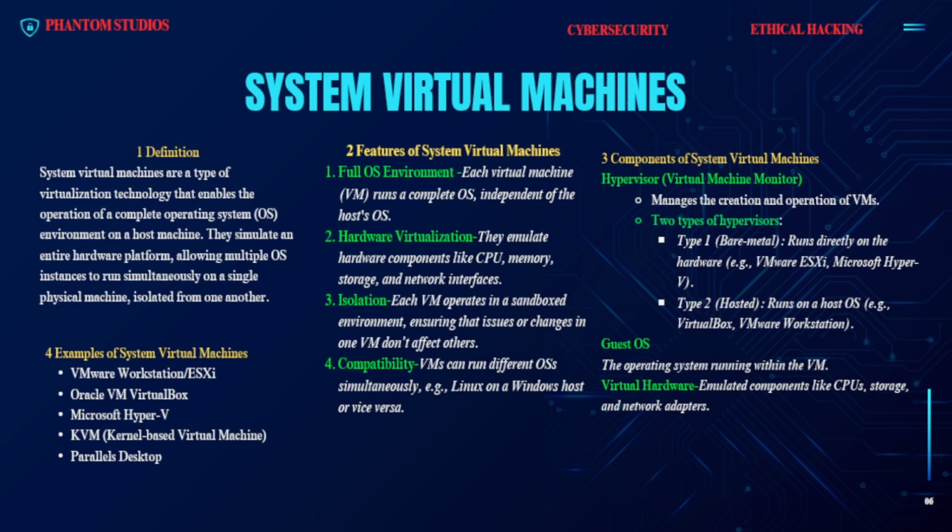So in isolation, each VM operates in a sandbox environment, and the reason is to ensure that issues or changes in one VM, or one virtualized operating system, do not affect others.